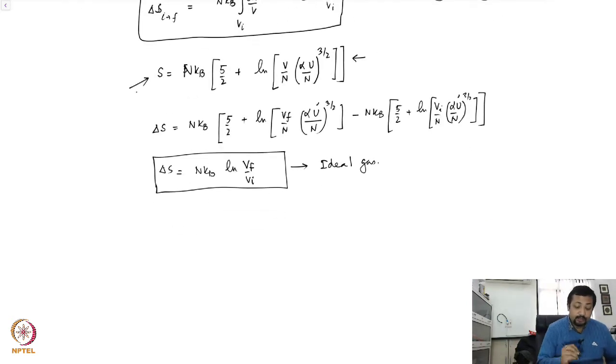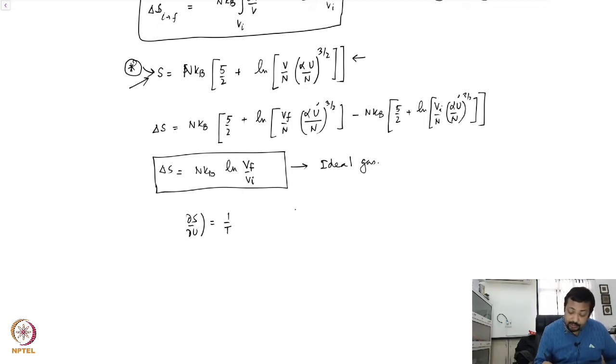Since I know S, if this equation is my starting point, then I want to determine the change in the temperature, delta T, for this particular system, which is essentially the ideal gas, and I know that (∂S/∂U) is going to be 1/T, and we have done this exercise.